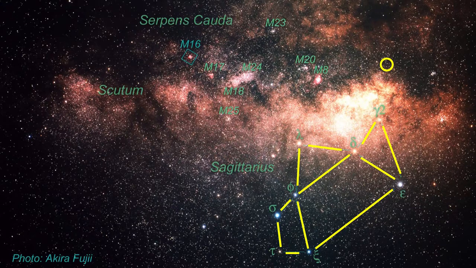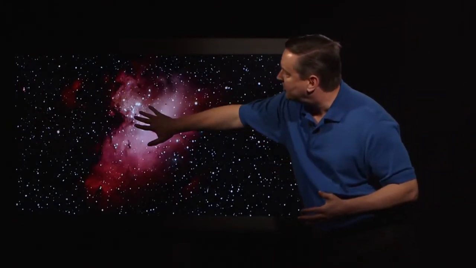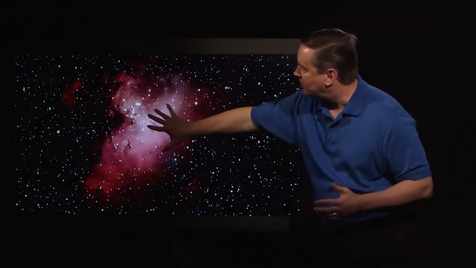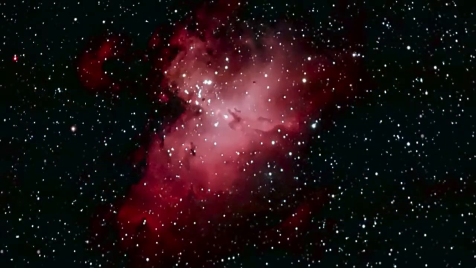The Eagle Nebula is also known as Messier 16, and it's located here, well to the left of the galactic center. If we zoom in on the Eagle Nebula, you can see the structure of it. Here, I suppose, is the head of the eagle, and here is its body with its wings extending out to either side. Now, I know you've got to sort of squint your eyes and use your imagination to see it, but this is actually better than most of them.